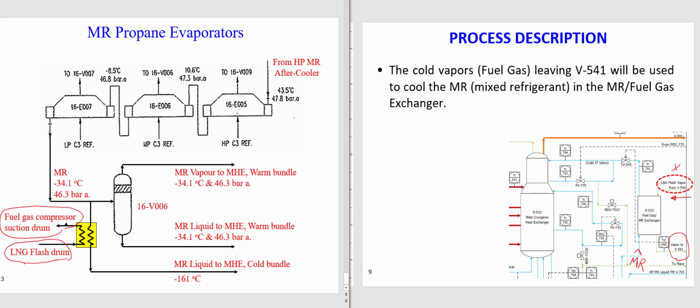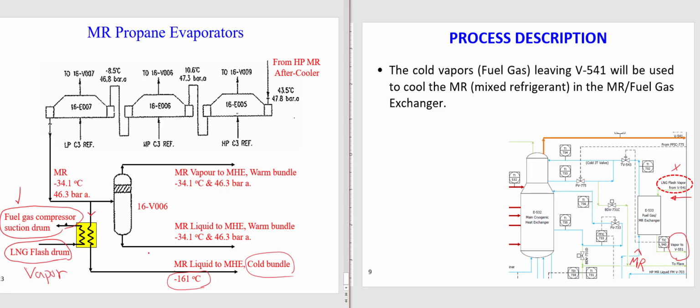What we do is send our vapor from the LNG flash tank to this heat exchanger, and then the cold LNG flash drum vapors go to the heat exchanger and become warm. But it will be in contact with the mixed refrigerant stream that is going to the cold bundle. It's coming from -34 and it leaves at -61.